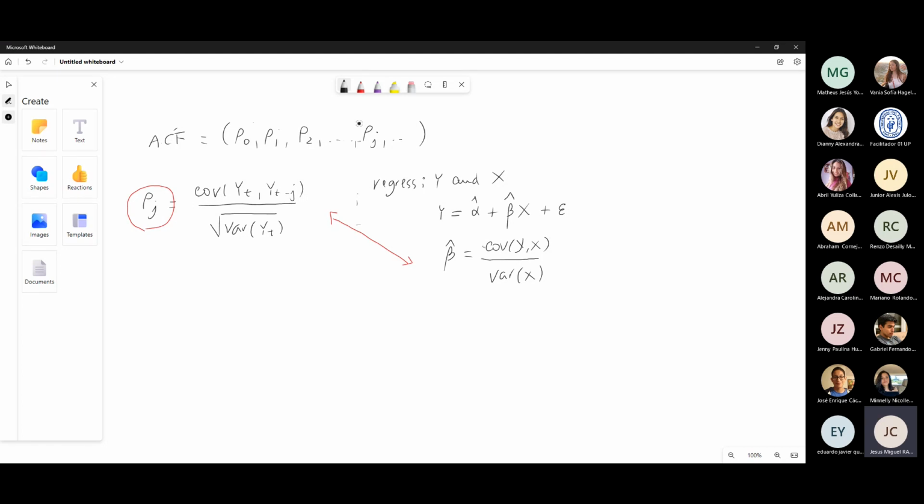This is the coefficient of running this regression between Y_t and Y_{t-J}. This guy is rho J. Yes or not?